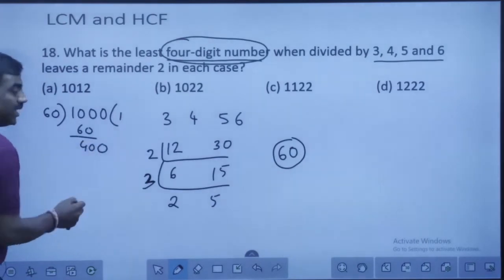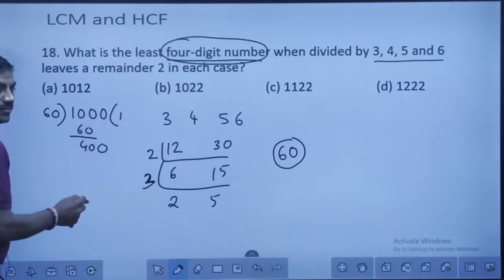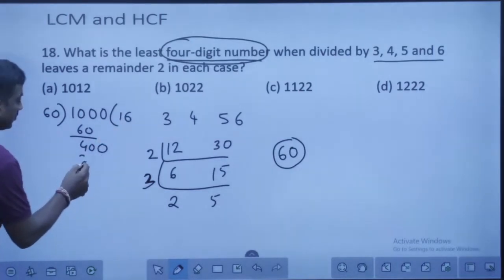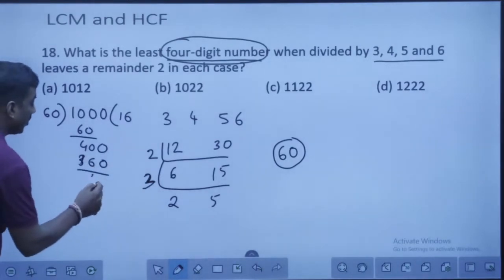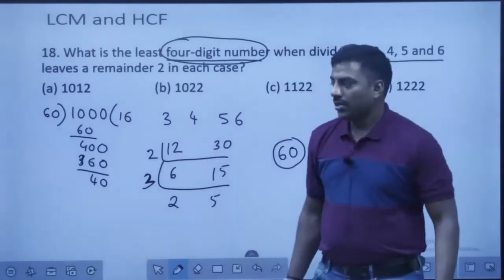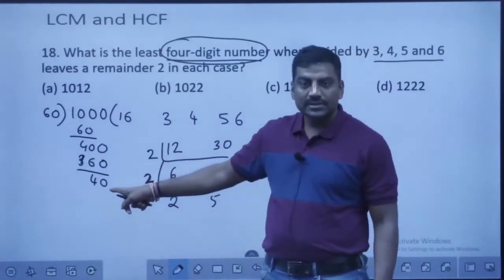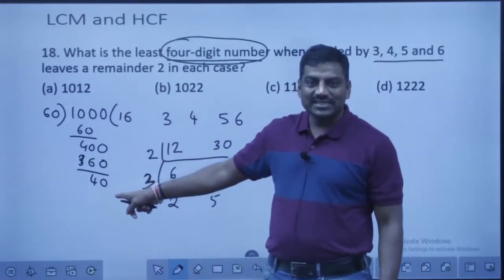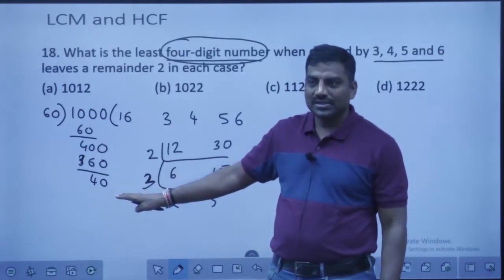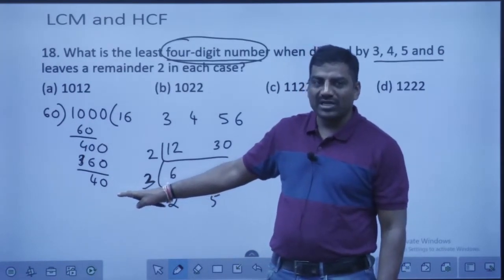Okay? So 60. Quick, give me 60 16s are 960, 1000, 40. What is the remainder? 40 is the remainder, correct? Now, what is this? Deficit or excess? Remainder is always excess. But we want to retain a 4-digit number.